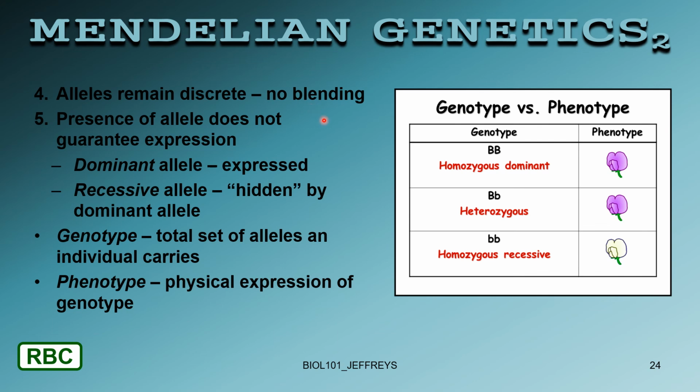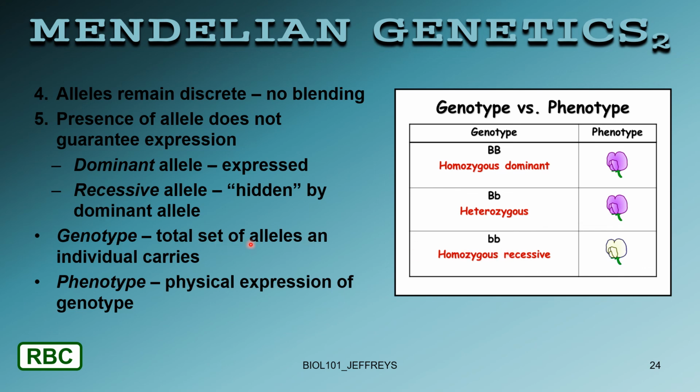The presence of an allele does not guarantee expression, as you now know. If the allele is recessive, it does not get expressed unless there are 2 copies. A dominant allele gets expressed, and a recessive allele remains hidden by the dominant allele. The only way the recessive allele is expressed is if there are 2 copies of the recessive gene.